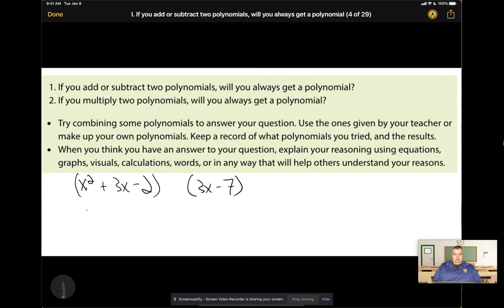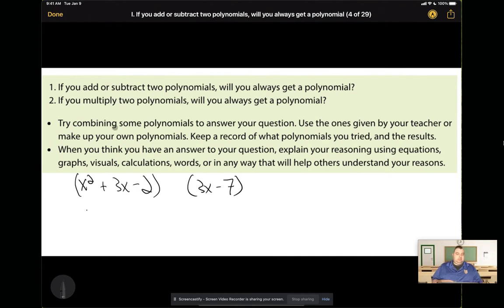Notice both of these are polynomials because there are not multiple variables. All the terms are either constant or they contain the same variable, x. And all of the exponents are non-negative whole numbers. So these are our polynomials.